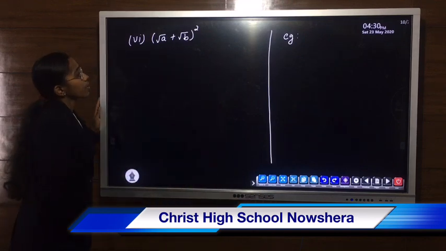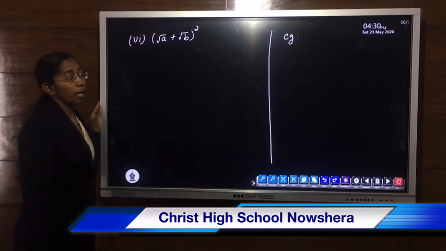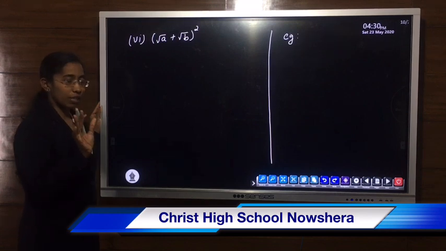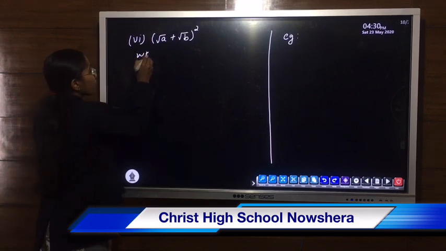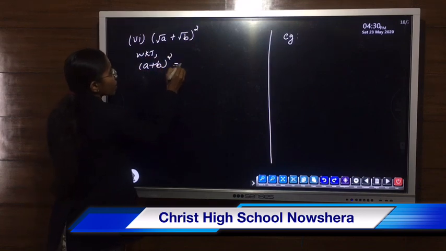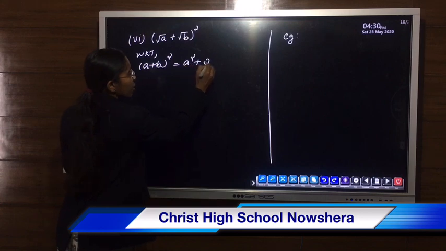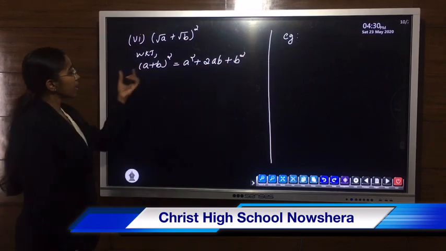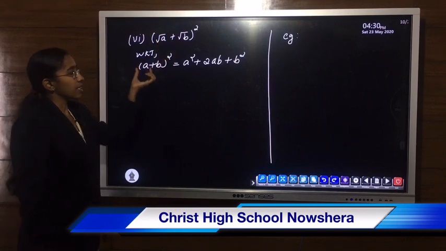And sixth equation, root a plus root b whole square. What is (a plus b) whole square? (a plus b) whole square is a square plus 2ab plus b square. Here this equation is in this form only.